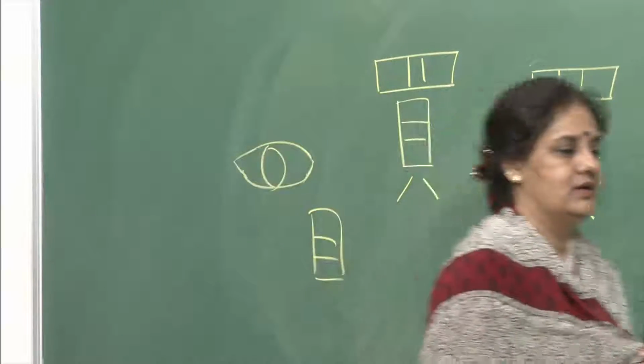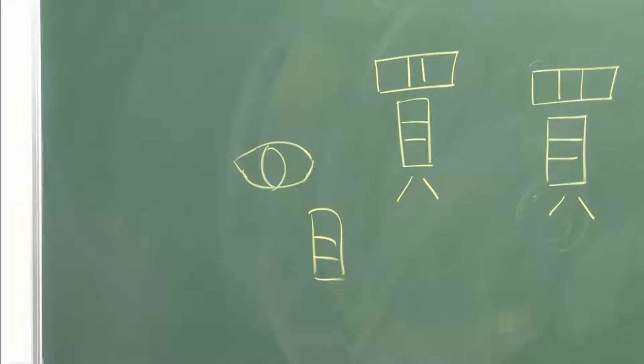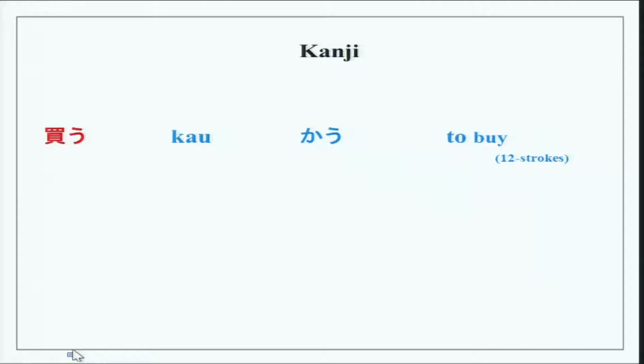So, we have 12 strokes to this character, which is kau, and you can see it is 12 strokes over here. How it has come into being, we will do once we are through with this kanji section.